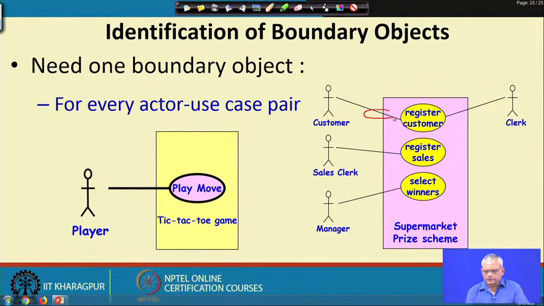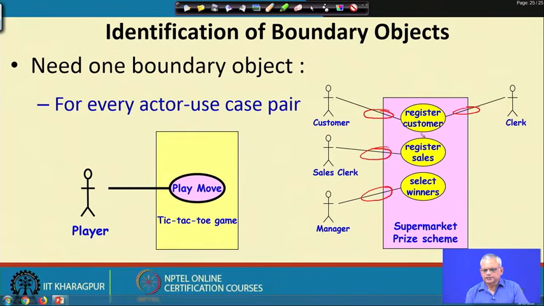One boundary between the register customer and customer, another boundary between the register customer and clerk, a boundary between register sales and sales clerk, and a boundary between the manager and the select winner. So, we need four boundary classes. We can name these boundary classes as customer register customer boundary, sales clerk register sales boundary, manager select winners boundary, and register customer clerk boundary.